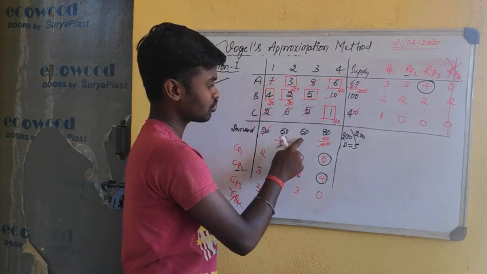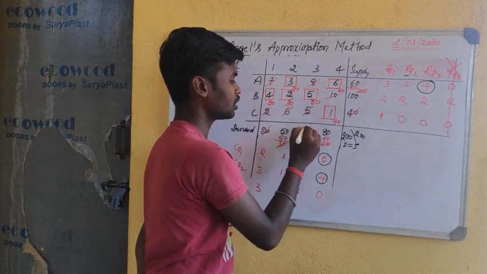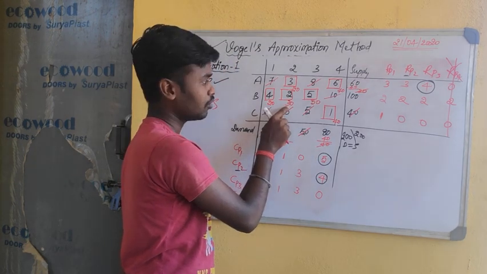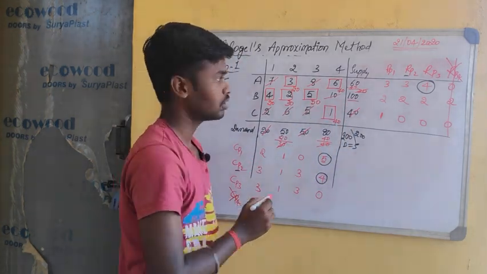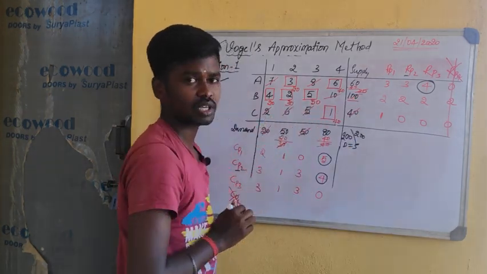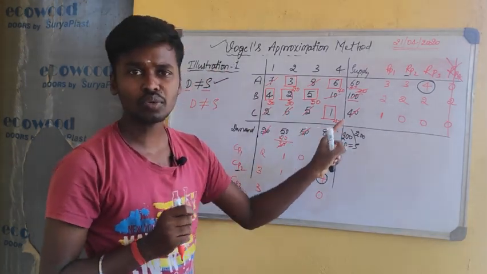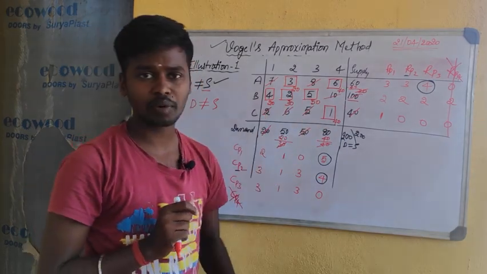Next, warehouse 3, how many units do we need to give? That is 50 units. Now calculate: 20 plus 30 is 50, 50 plus 50 is 100. Ultimately you have 50 here. So this is your solution. Finally you will get demand equal to supply. So this is the problem and solution under Vogel's approximation method.